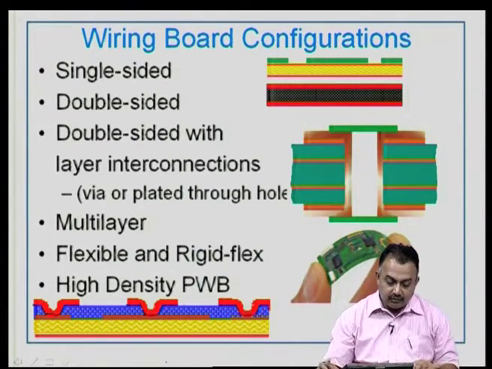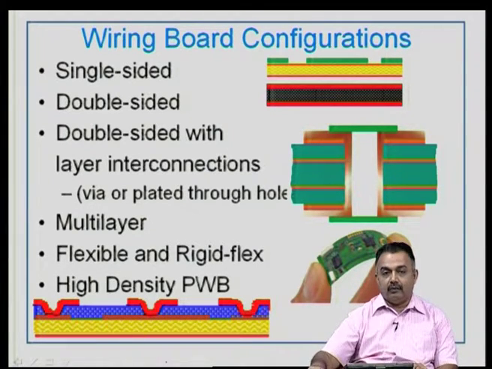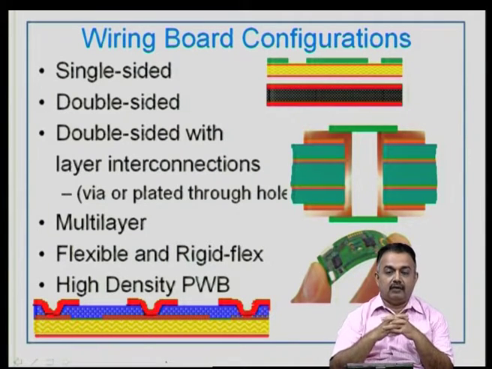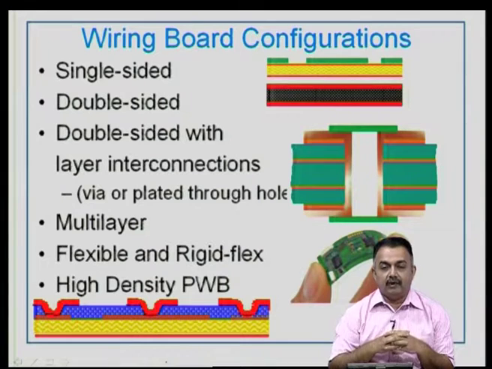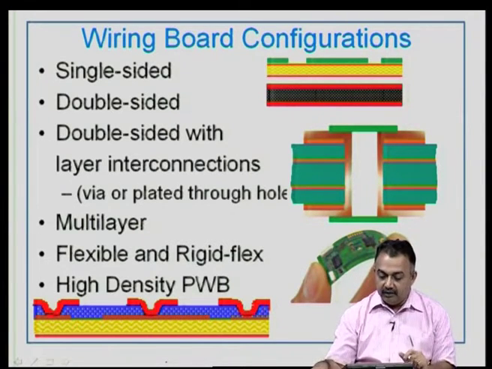Now, we will come to looking at the wiring board configurations, because if you want to discuss more about CAD, you must now know what are the configurations that you have in the printed wiring board. The first thing is a single sided board. What does it mean?